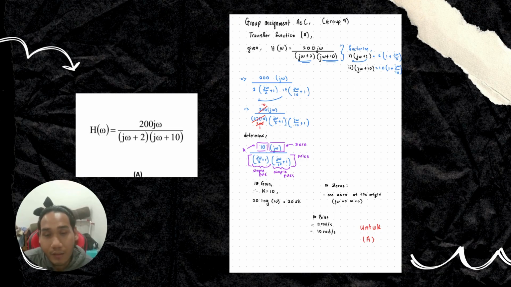So we bring the constant number to the front. The final answer is 200 j omega divided by 2 multiplied by 10, and in brackets j omega divided by 2 plus 1, and also in brackets j omega divided by 10 plus 1.